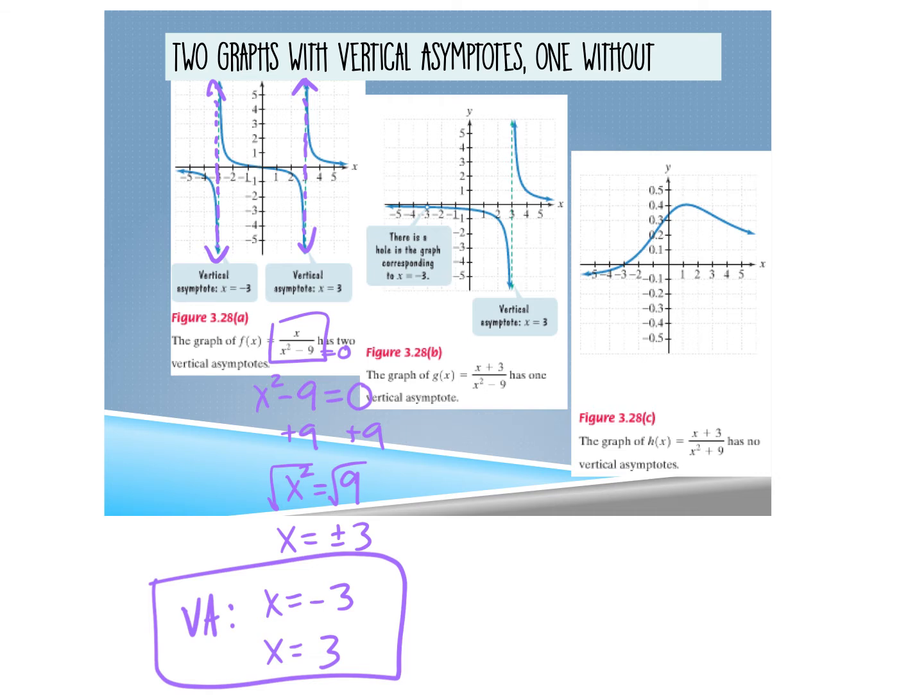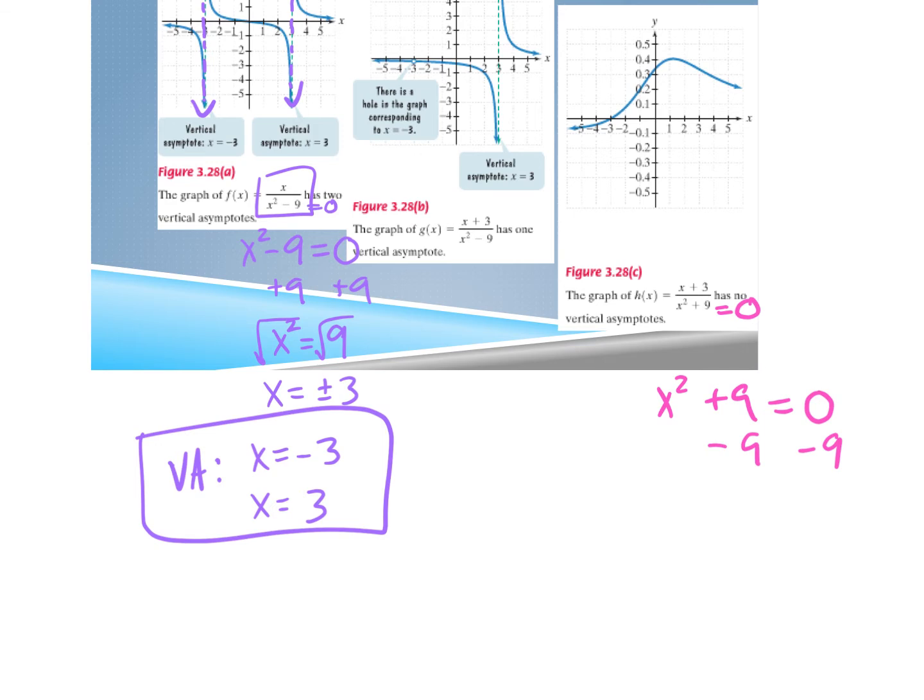So for the next one, the third one, C. I set the denominator equal to 0 to find my vertical asymptote. So I have x squared plus 9 is equal to 0. Solve for x. X squared is equal to negative 9. What do I do next?